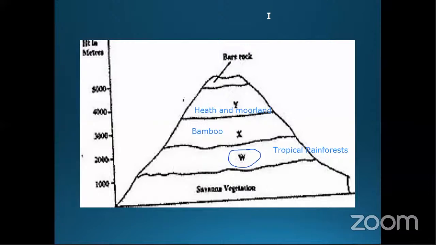Heath. Have you seen what I've written there? Check on the diagram. Yes, heath and moorland. Okay, thank you.